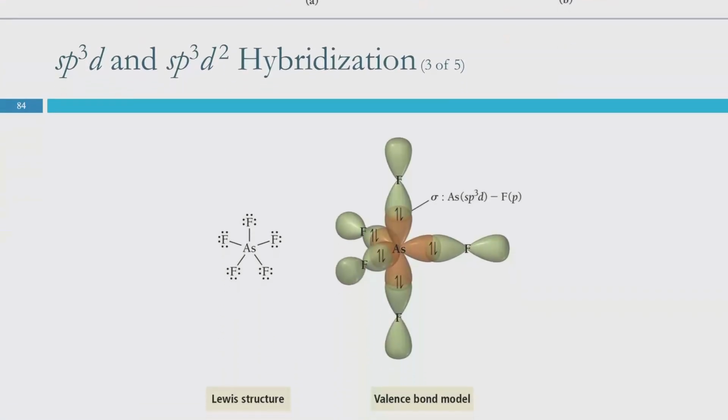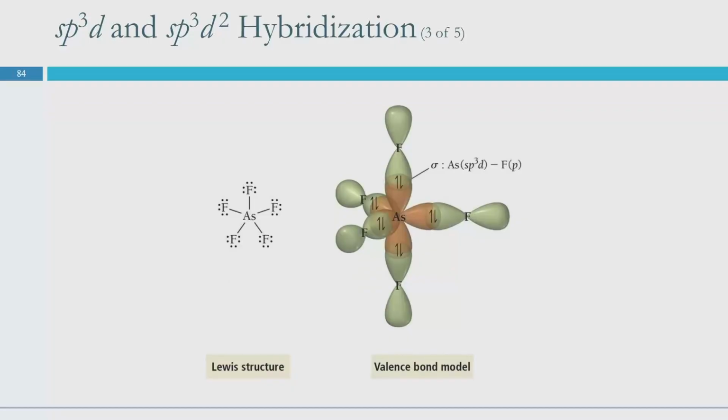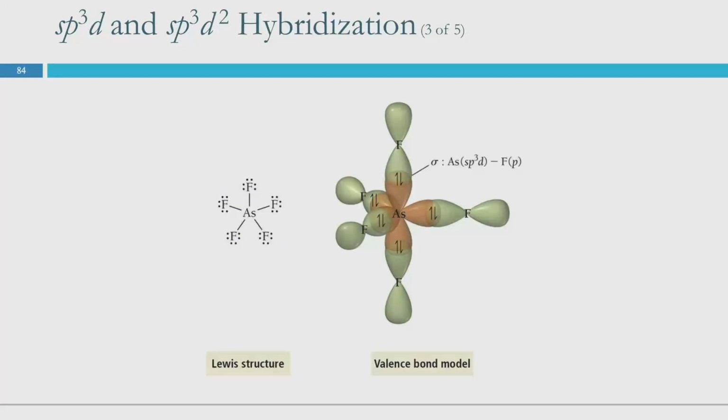We can show this for a Lewis structure for AsF5. In our Lewis structure, we show that we've got 5 things attached. We should still end up with trigonal bipyramidal geometry. If we do it in the valence bond model, we've got sigma bonds, direct overlap between our sp3d orbital from arsenic and our p orbital from fluorine.